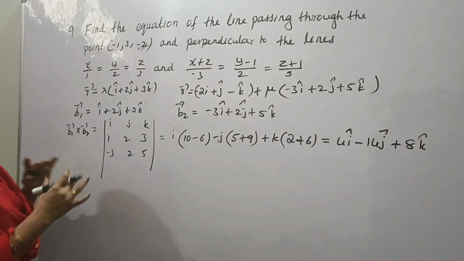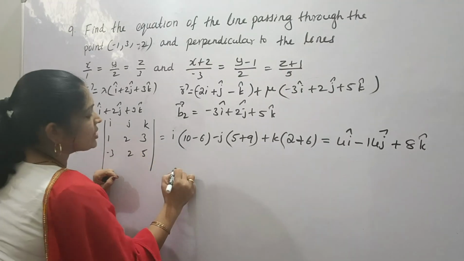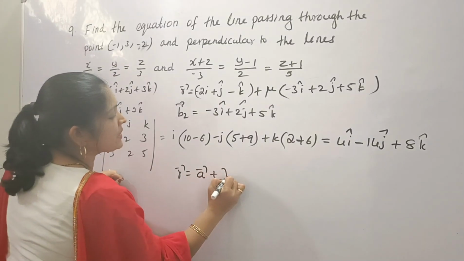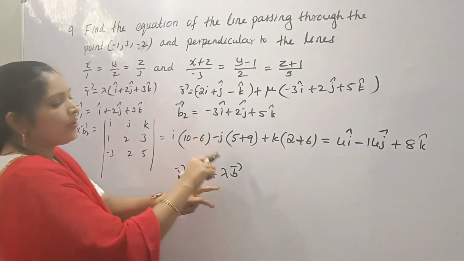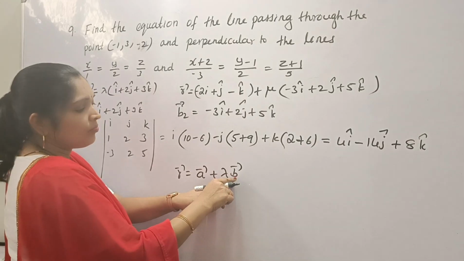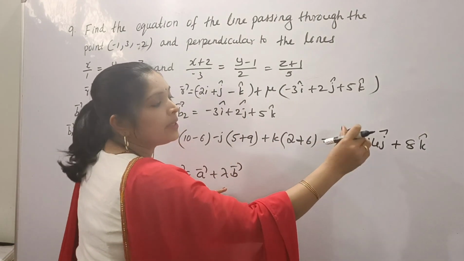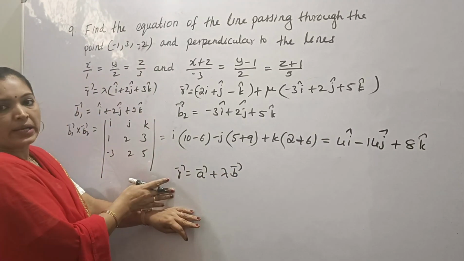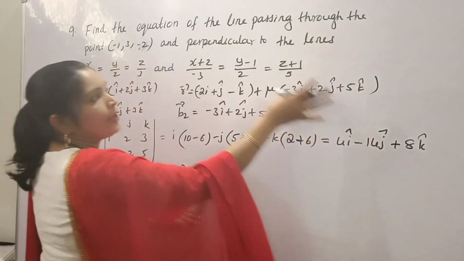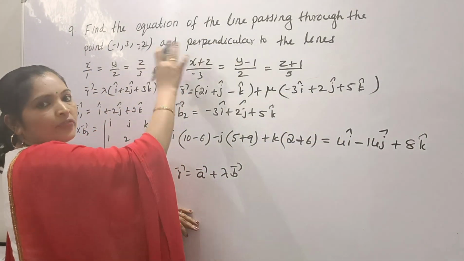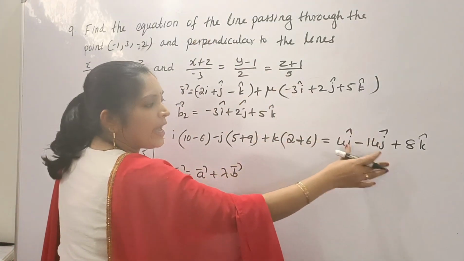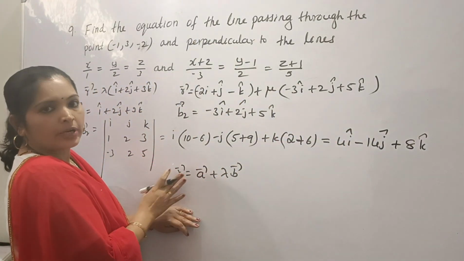Again we have to make the equation of the line, that is vector r is equal to vector a plus lambda vector b. What is vector b? This one, because it is parallel to the required line. It is perpendicular to both of these lines, therefore it is parallel to the required line.